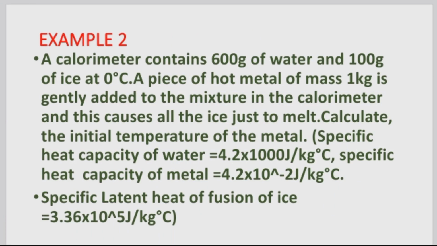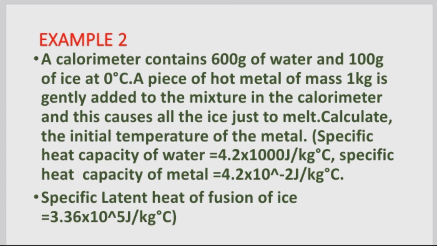Let's look at the second example. A calorimeter contains 600 grams of water and 100 grams of ice at 0 degrees Celsius. A piece of hot metal of mass 1 kg is gently added to the mixture in the calorimeter, and this causes all the ice just to melt.